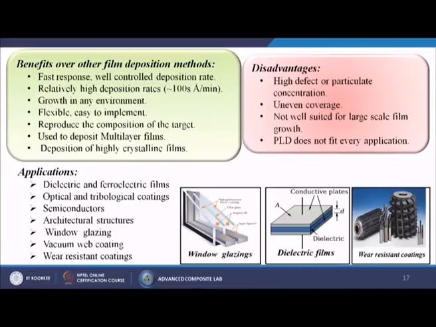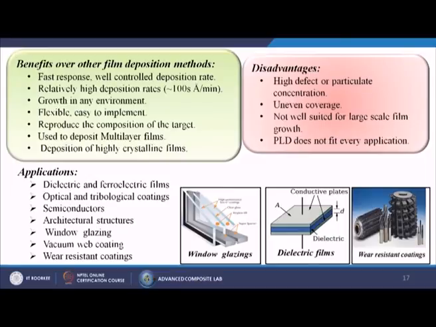Then there are certain kinds of disadvantages also: high defect or particulate concentrations, uneven coverage, not well suited for large scale film growth, PLD does not fit every application. So, what are the applications? Dielectric and ferroelectric films we can make, optical and tribological coatings we can do, we can use it for semiconductors, architectural structures, window glazing, vacuum wave coating, wear resistance coating.